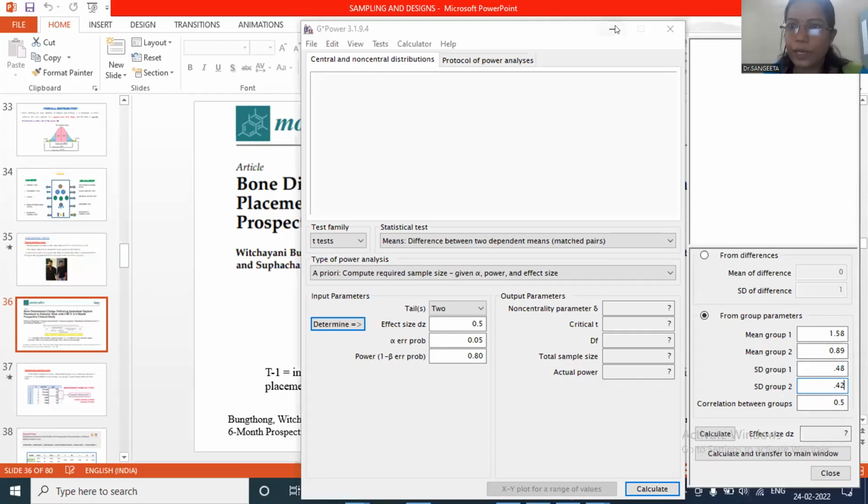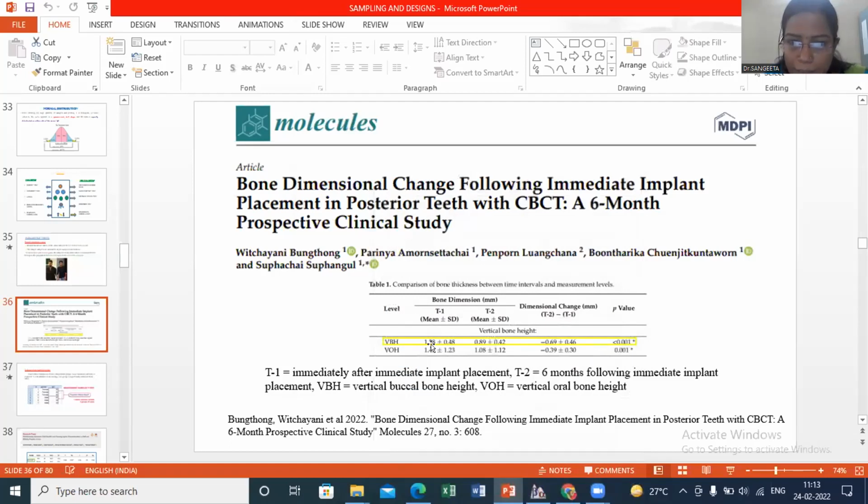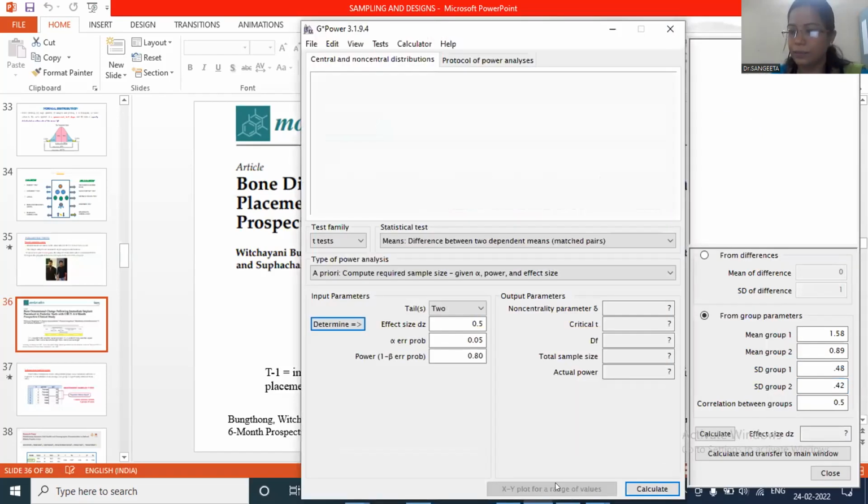I'll just show you from where I got these values. You can see here 1.58, the baseline, 0.89 after 6 months, standard deviation of the first group, standard deviation of the other group. Clear? This is the data that I'm using, and I have entered it here.